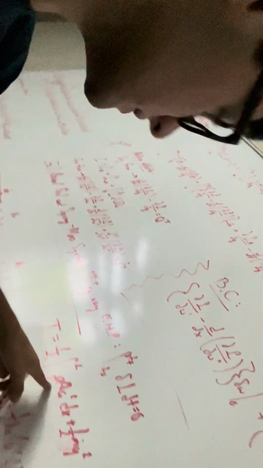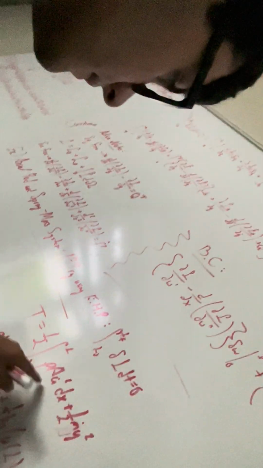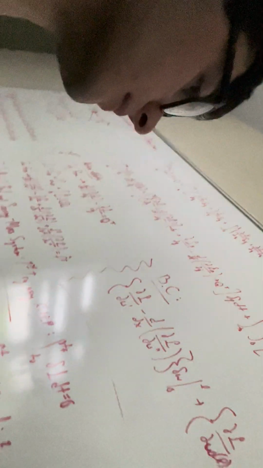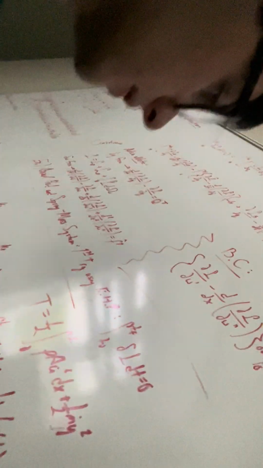Rho is the density, and the kinetic energy, A involved, is just the mass times u dot squared. As we take a variation, the variation is going to be rho A u dot, variation u dot dx, plus the discrete coordinate, m y dot squared. Taking the variation of that, we get the same process, and that's kinetic energy.